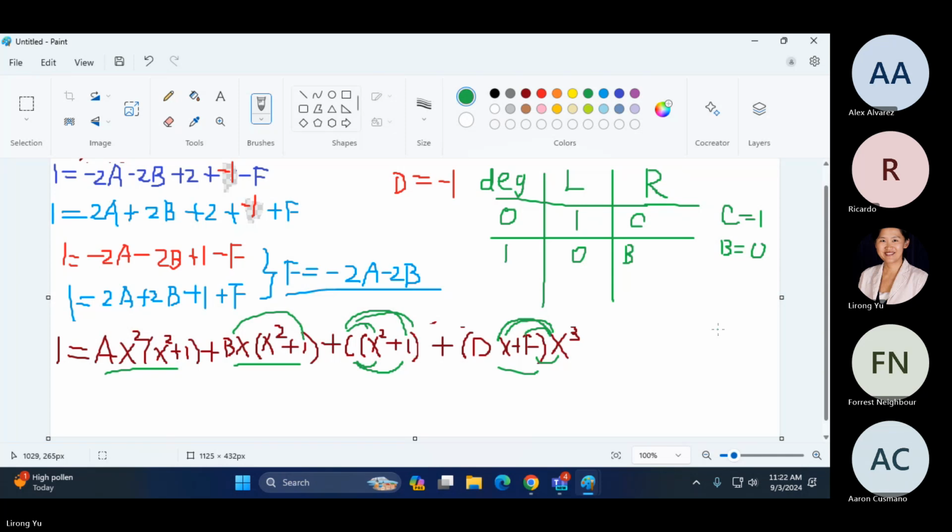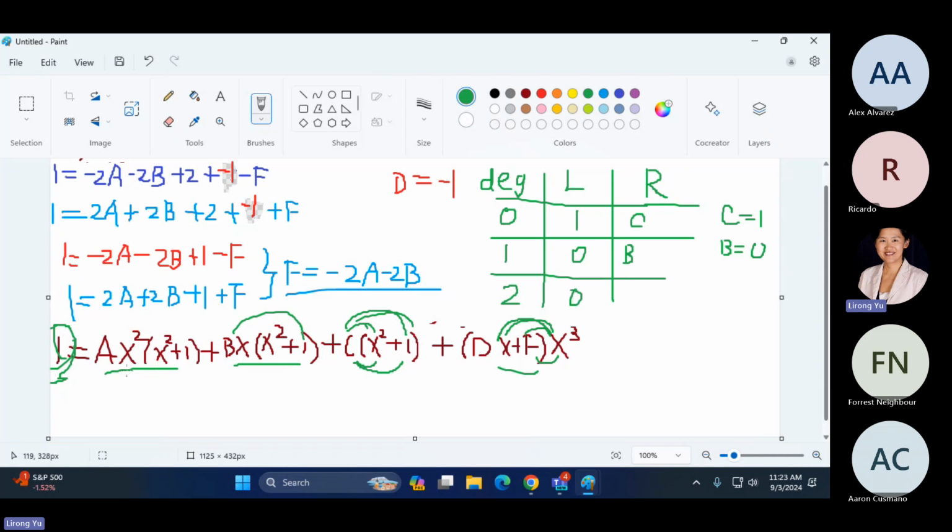So we're up to the degree 1 term, and we already found C and B. Then there's the degree 2 term. There's no degree 2 term on the left, so we have a 0 on the left side.